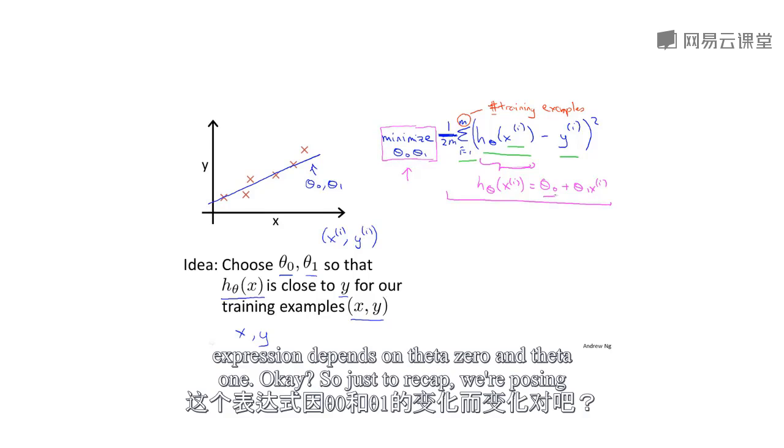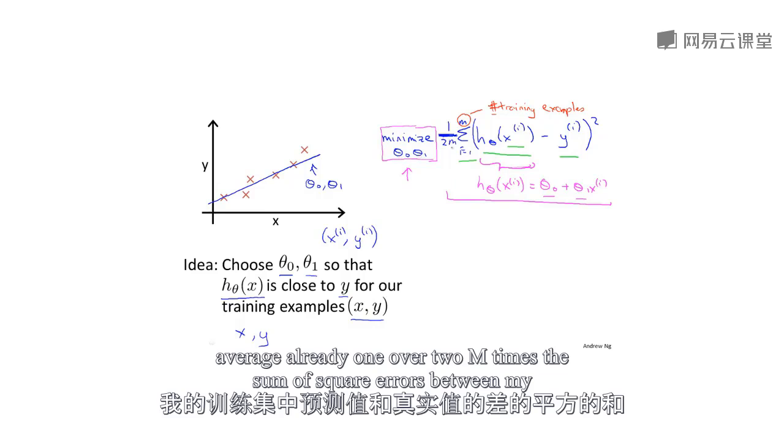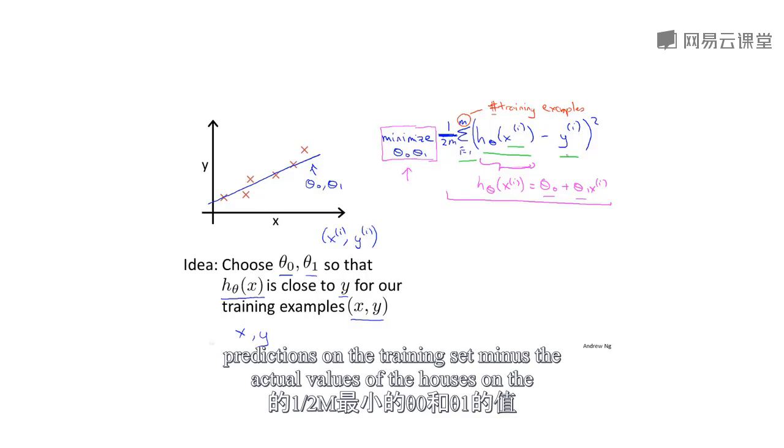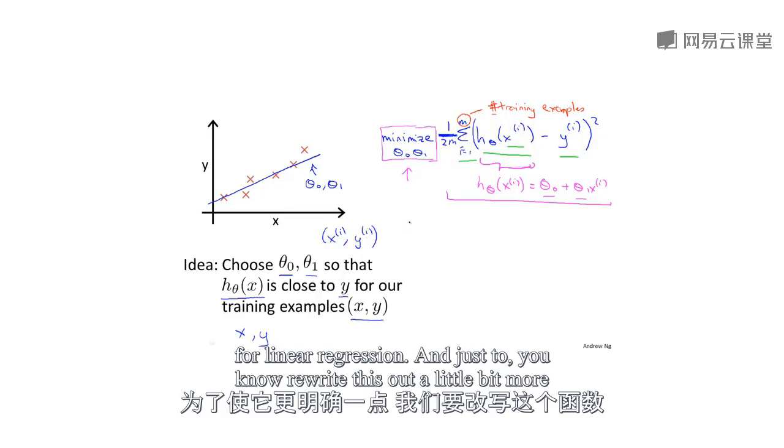And this expression depends on theta 0 and theta 1. Okay? So just to recap, we're posing this problem as: find me the values of theta 0 and theta 1 so that the average, or really 1 over 2m times the sum of squared errors between my predictions on the training set and the actual values of the prices on the training set, is minimized. So this is going to be my overall objective function for linear regression.